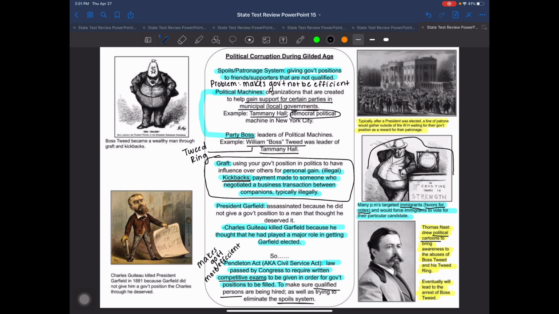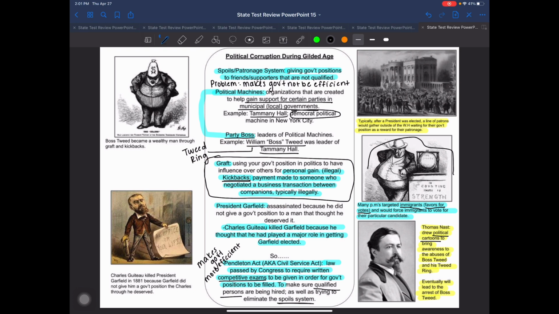And the good thing about a picture or a political cartoon is you do not have to be able to read to look at it and kind of get the message. So he draws several political cartoons exposing how corrupt Boss Tweed is, exposing how he gets these kickbacks by stealing from the taxpayers and things like that.